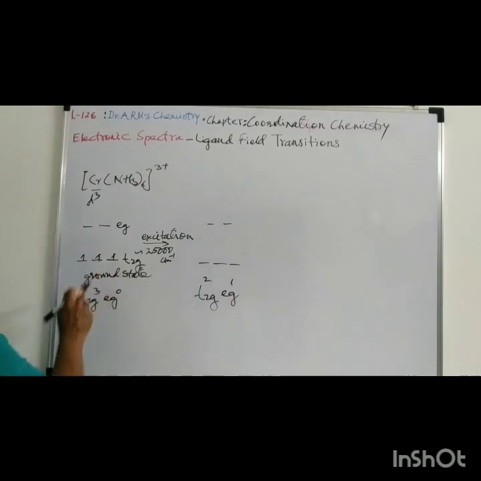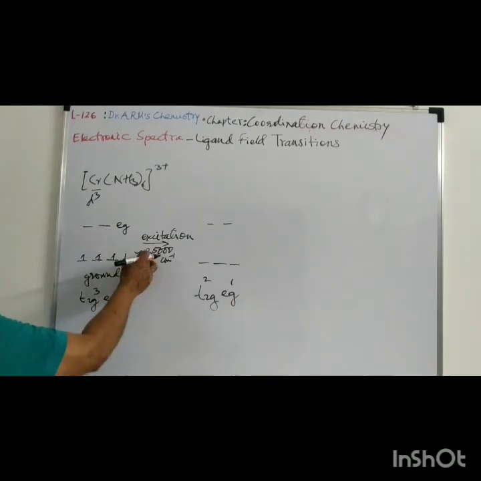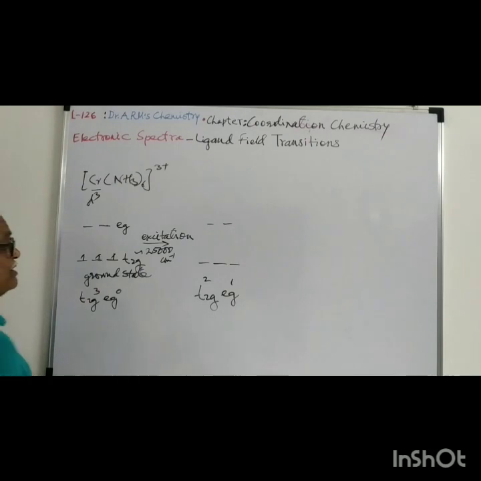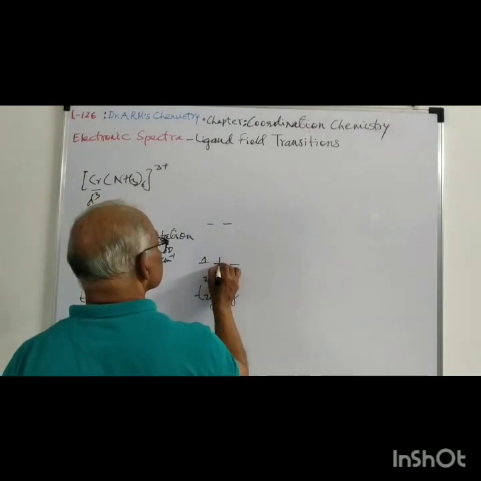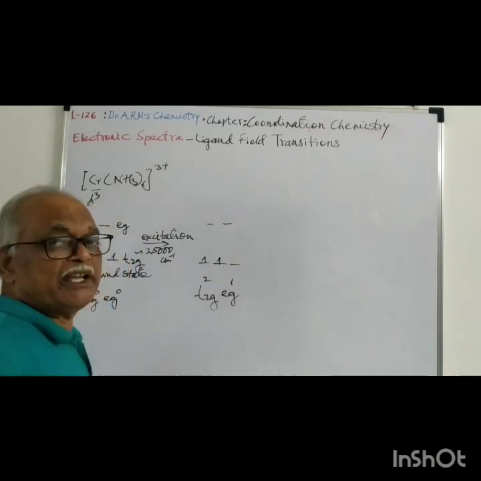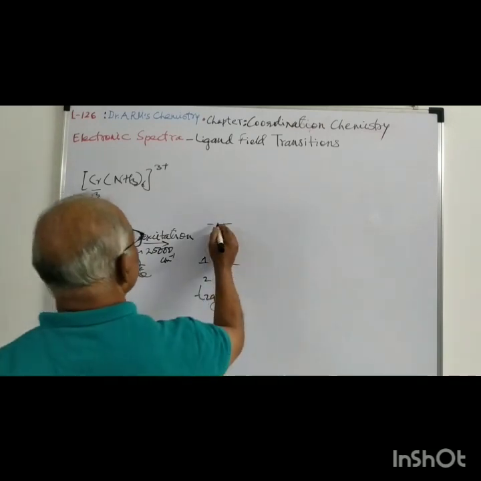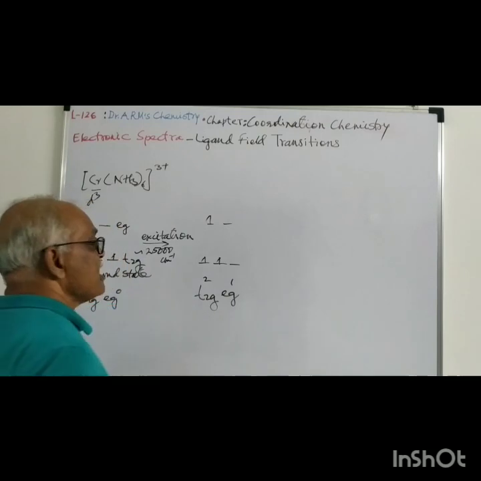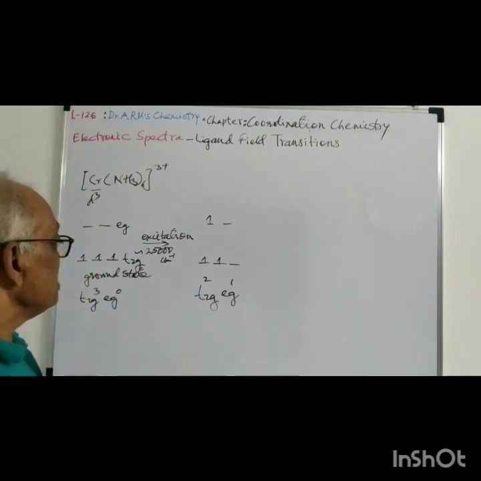Out of 3, any electron is capable of absorbing this amount of energy and entering into the higher energy eg orbital. As a result, we can have 2 electrons in any of the 3 orbitals, and one moves into this higher energy orbital.